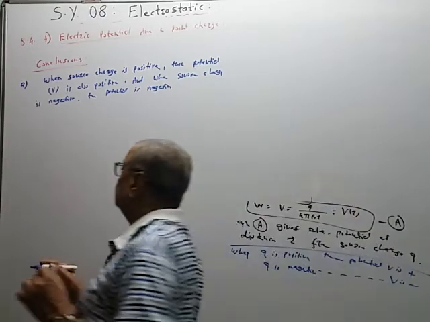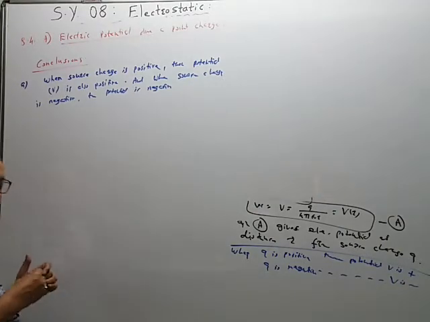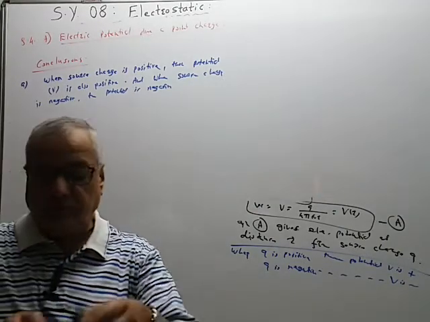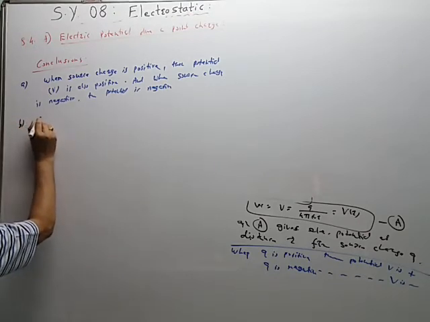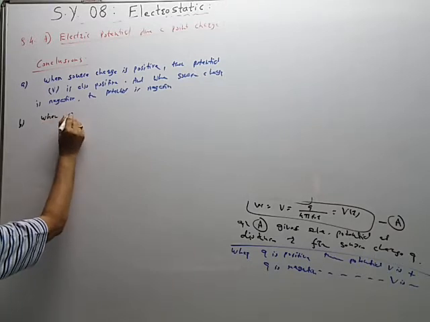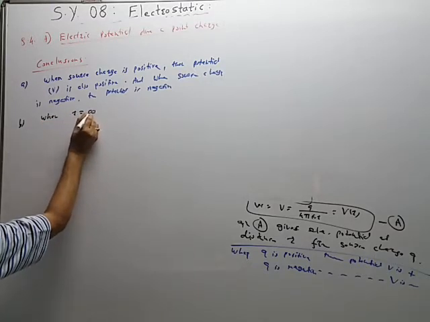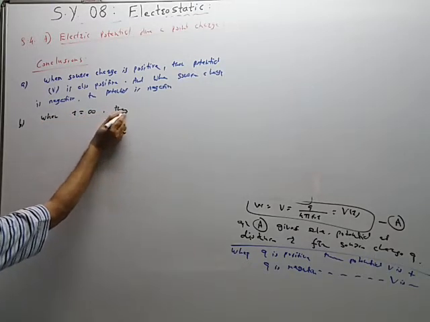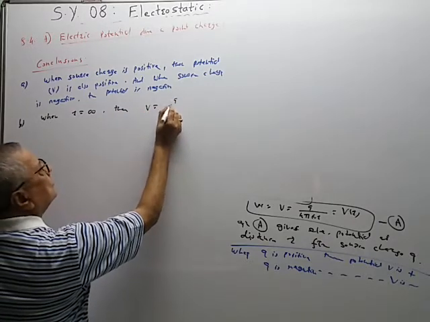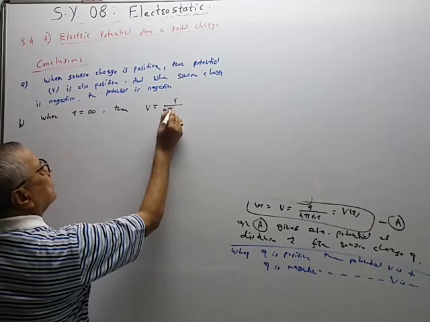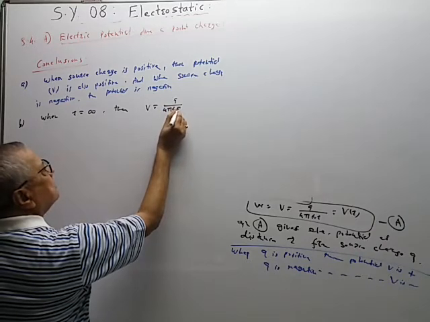Now, next conclusion. B. When r is equal to infinity, then V is equal to Q upon 4 pi epsilon naught infinity.